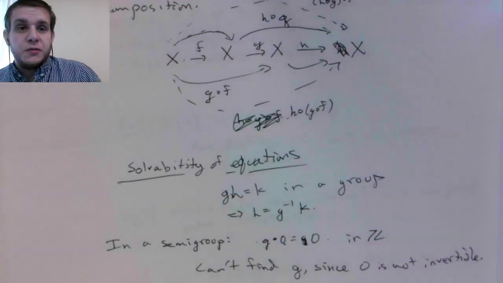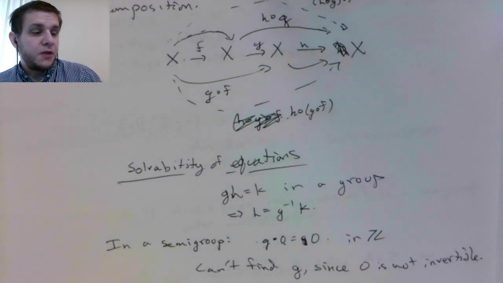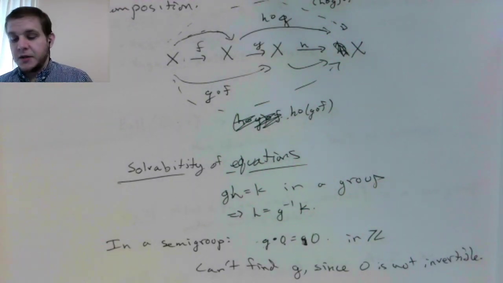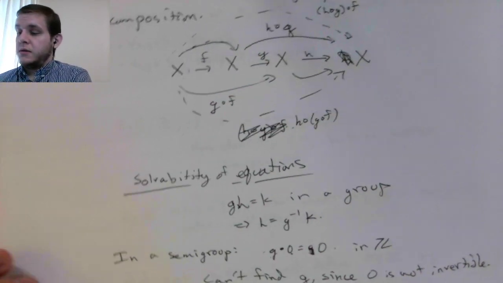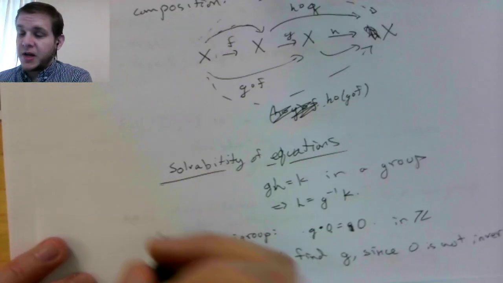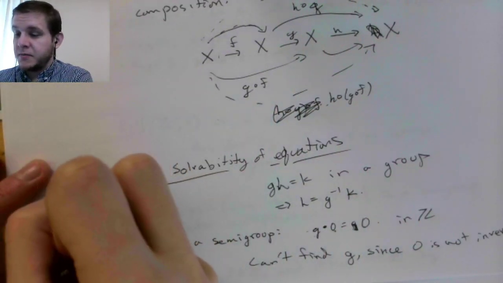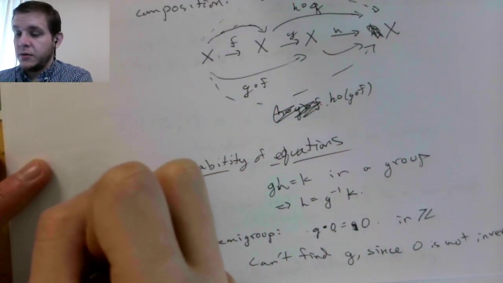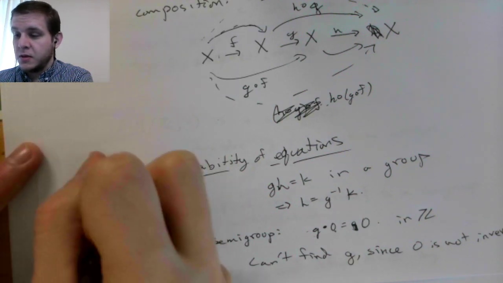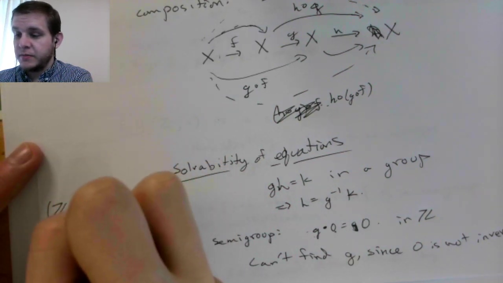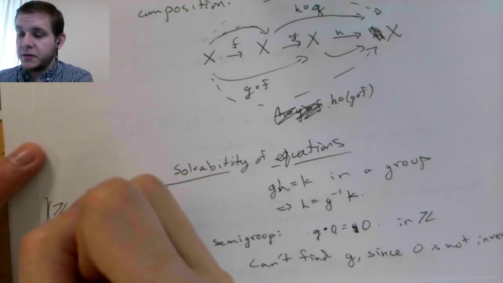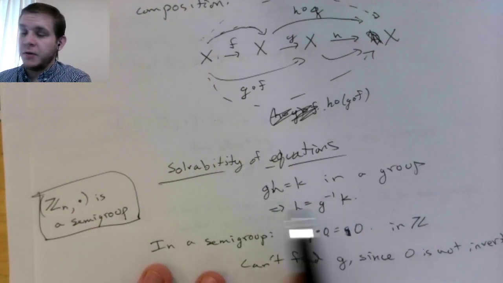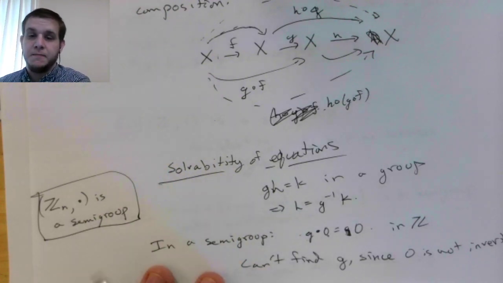So this should remind you of what we did for solvability of linear equations in modular arithmetic. So another example of this phenomenon is Zn with multiplication is a semigroup. And we spent a long time figuring out when we could solve equations like this in Zn.